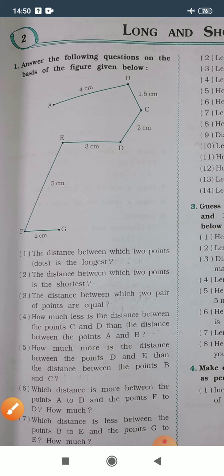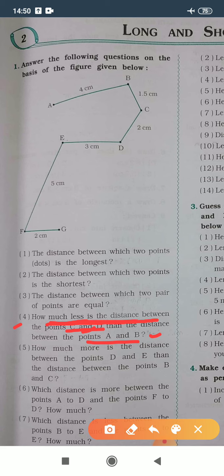Let's see question number 4. How much less is the distance between the points C and D than the distance between the points A and B? So we need to see how much less. That means first we'll find the distances of A and B, C and D, then we need to subtract to find out how much less the distance is.